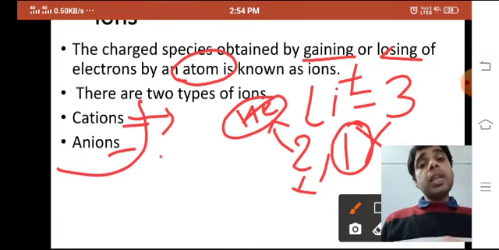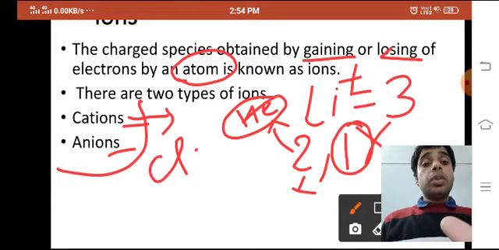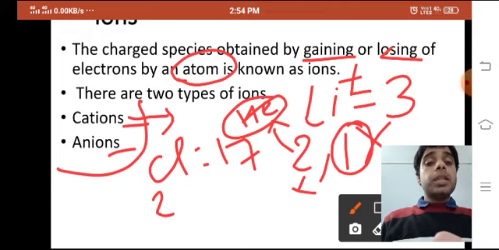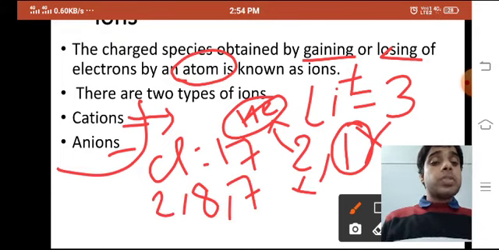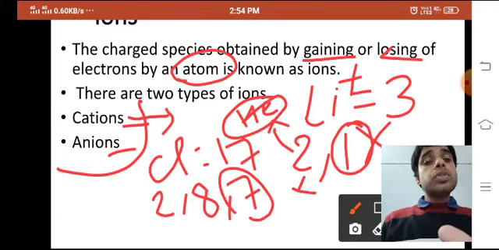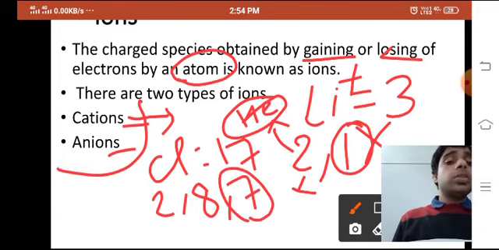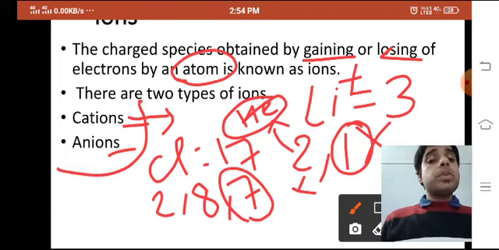Suppose I have written here chlorine. Chlorine has atomic number 17, and if I write the electronic configuration, this one 2 8 and 7 would be there. Now 7 cannot lose, because for losing 7 electrons it requires such a huge amount of energy.